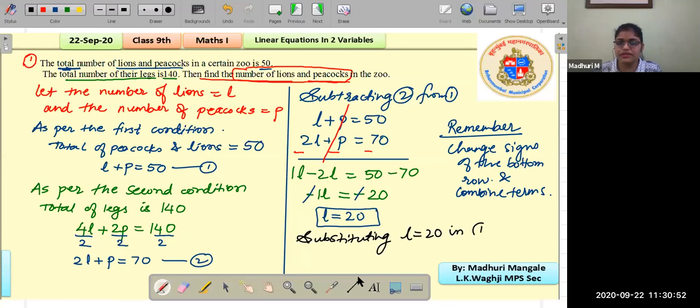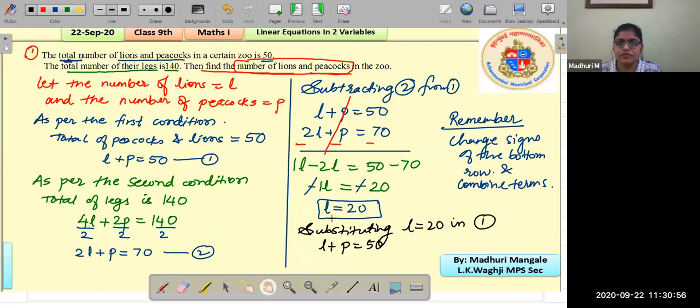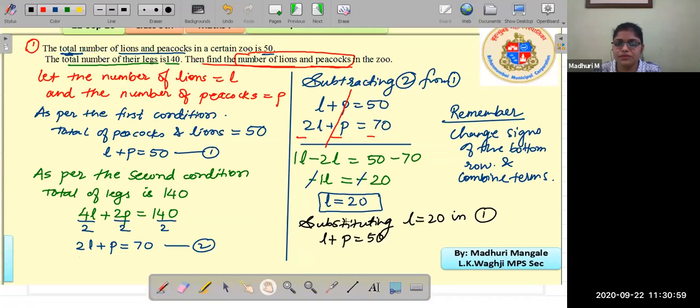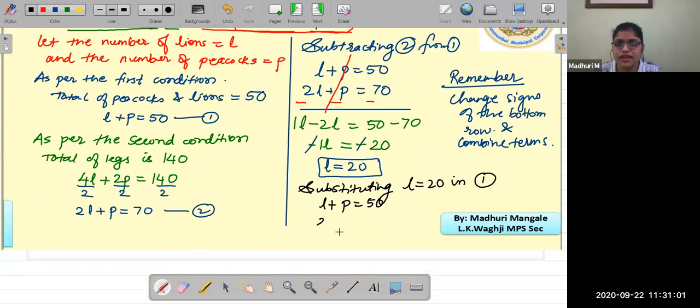We replace L with 20. So 20 plus P equals to 50, and then we shift this 20 to other side. So plus 20 would move and become minus 20, and that's how we get P. So P equals to 50 minus 20, that is P equals to 30. That gives us the number of peacocks.